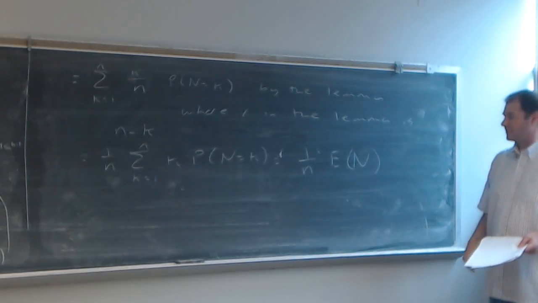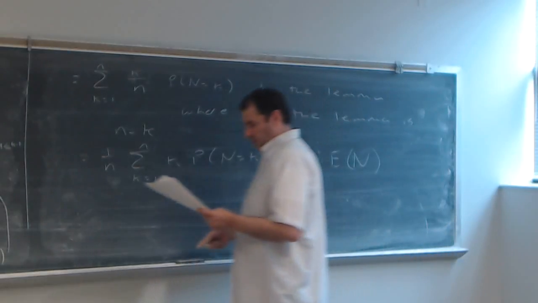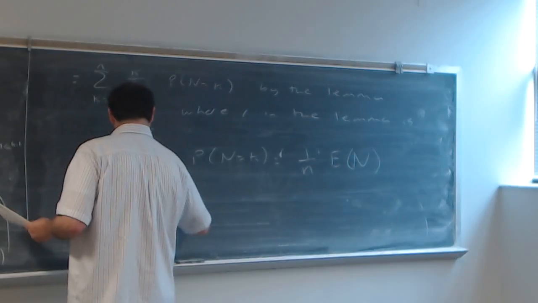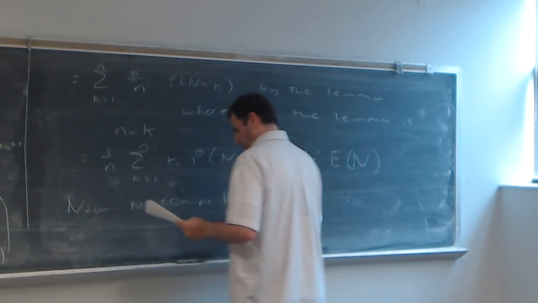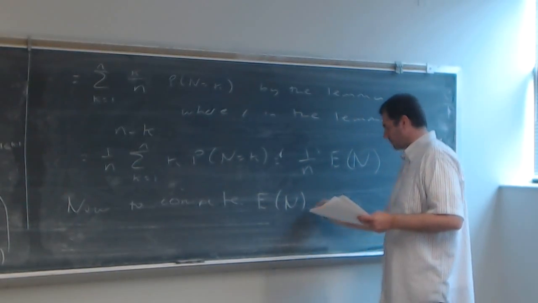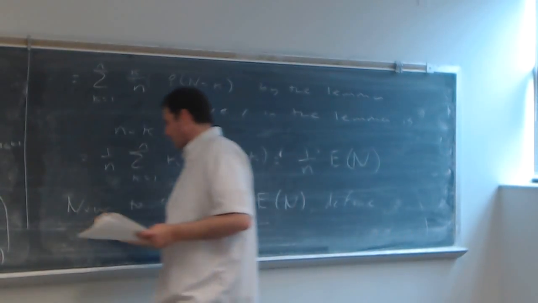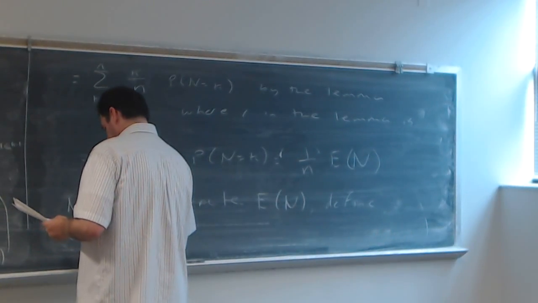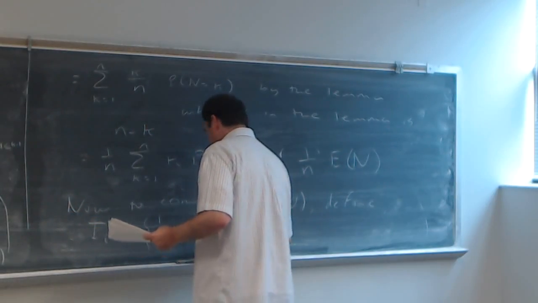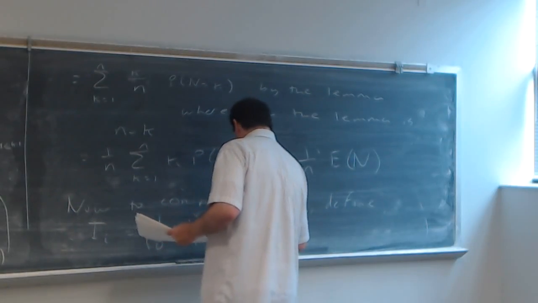Probability that the random graph is connected within n nodes, depending on that. Okay, now this is the last thing we need to do to compute the expected value of n, the number of nodes in our supernode. What we're going to do is define a bunch of random variables I sub I, and it's equal to 1 if I is less than or equal to n, and it's equal to 0 if I is greater than n.